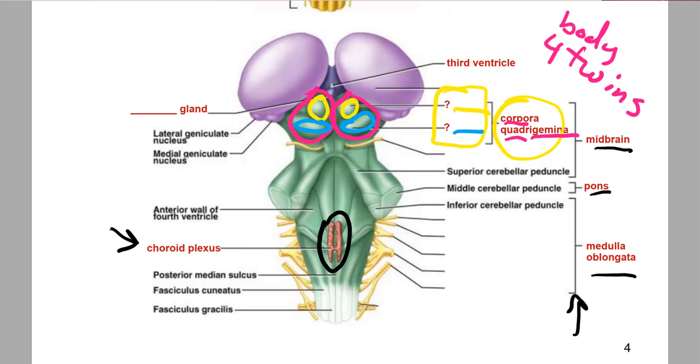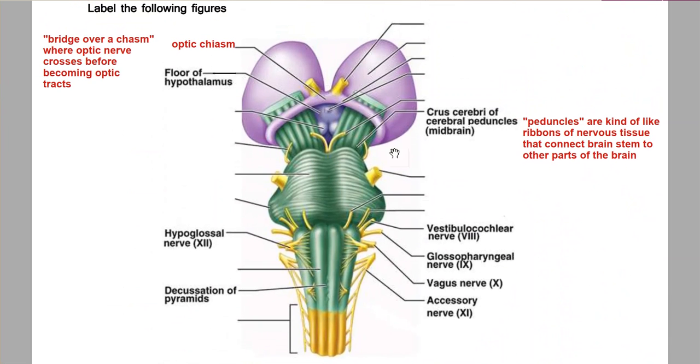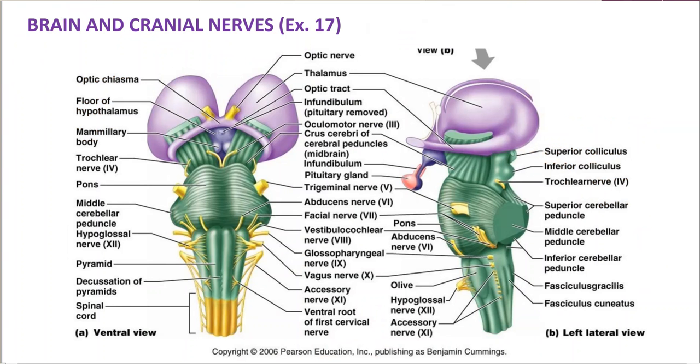All the rest of the blanks on this page, I want you to label yourself. So all the nerves, all the blanks. Figure out that architecture. In this video and in my study guide slides, I have an older version of this picture, and it gives you a lateral view but not a posterior view, but I still think you should be able to get all the names of the structures from it just fine.